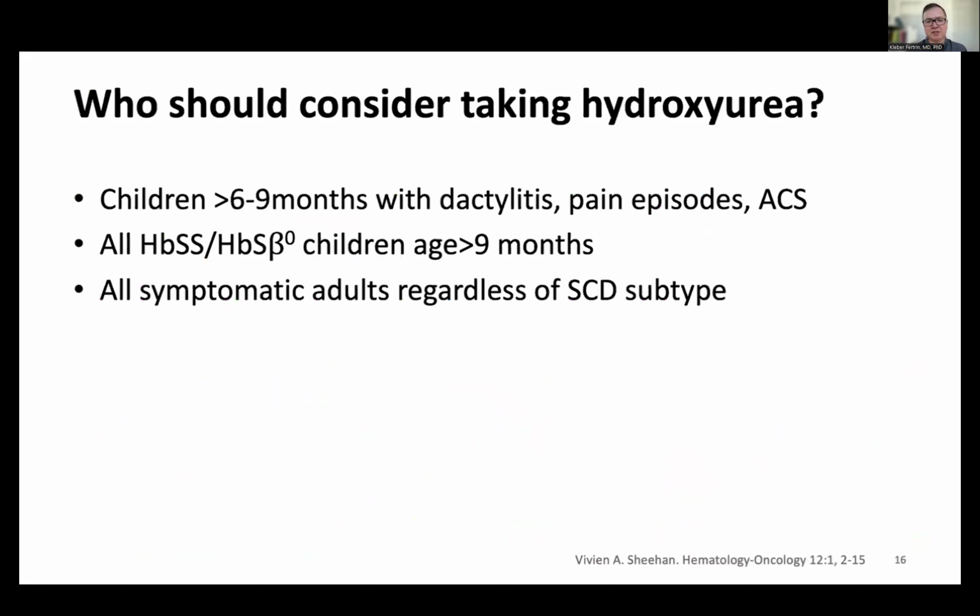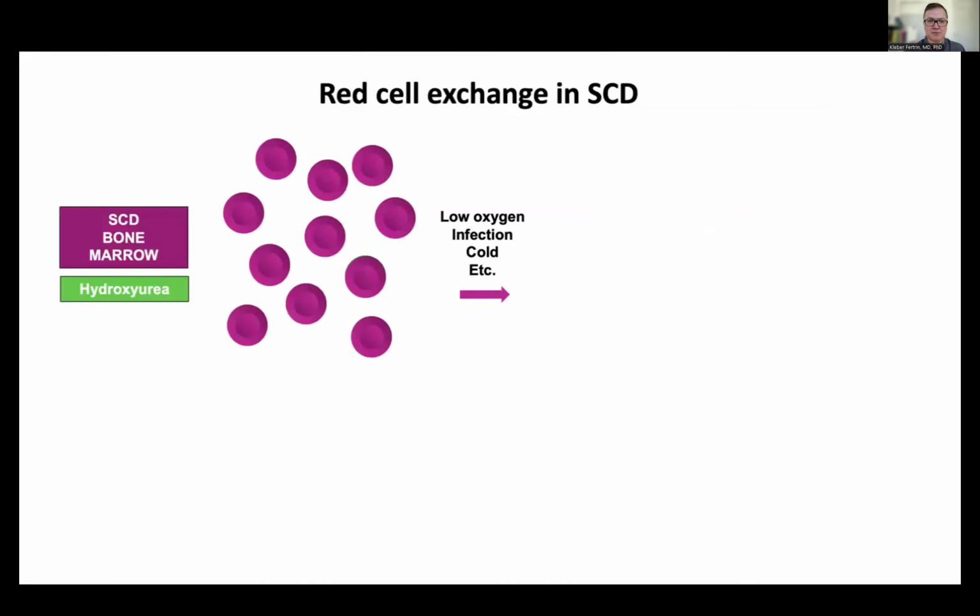Who should be considering taking hydroxyurea? Any child over 6 months of age that has had severe crisis like dactylitis or several pain episodes, acute chest should be considered for that. Virtually any patient with sickle cell anemia or sickle beta 0 thalassemia above age 9 months, and all symptomatic adults, regardless of sickle cell disease gene subtype, should be considered for hydroxyurea therapy.